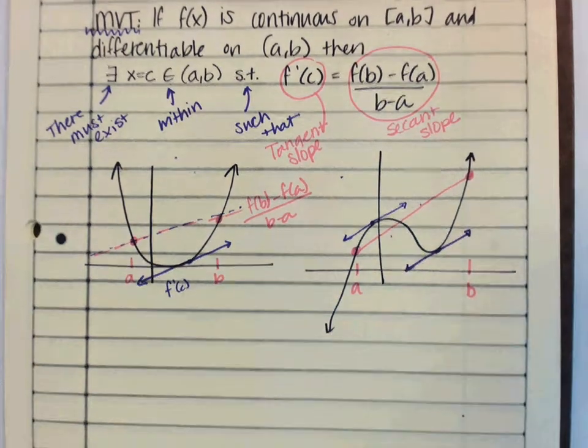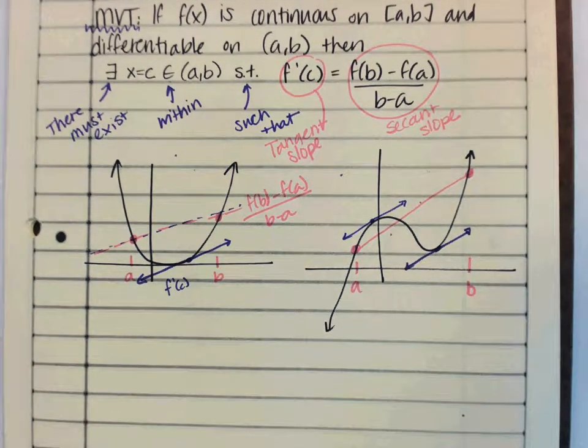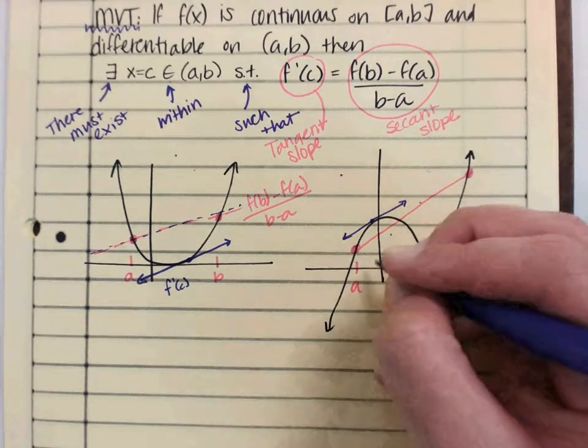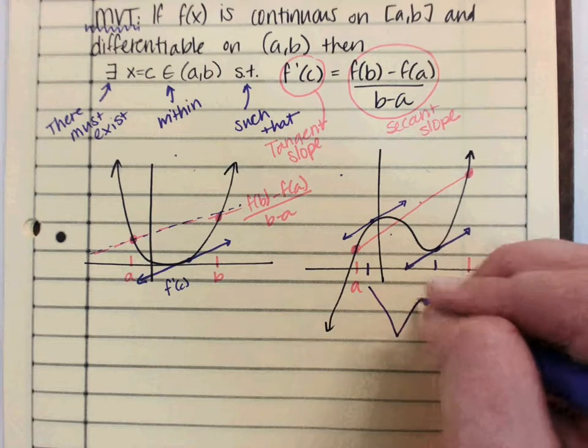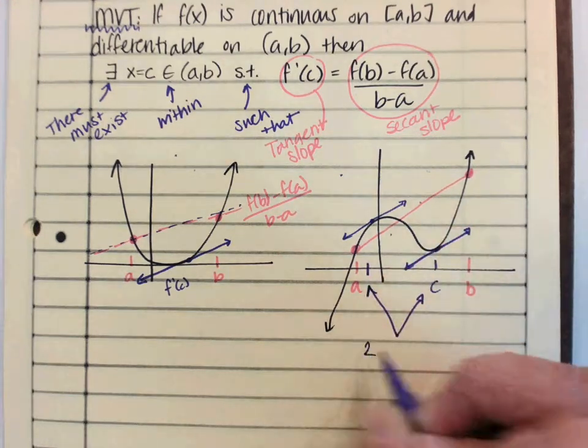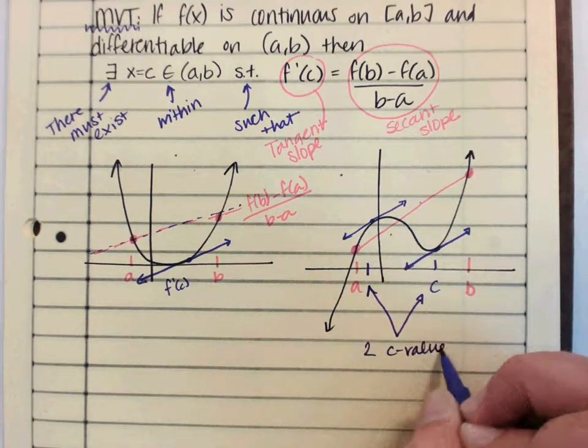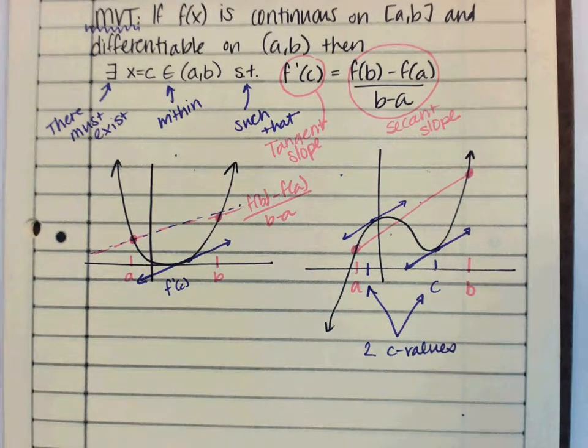So in that case, instead of only one C, I would have 2 potential C's. So I'm going to put 2 C values. Now, if you had another value where it was the same, but it was outside of the window, that would not count, because it has to be within your interval.